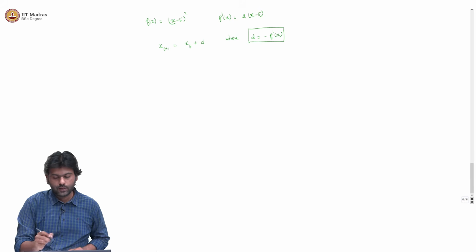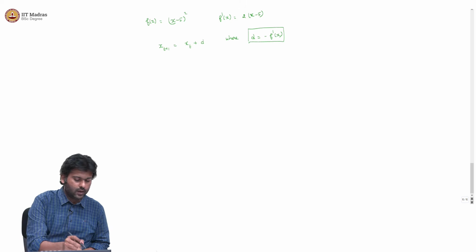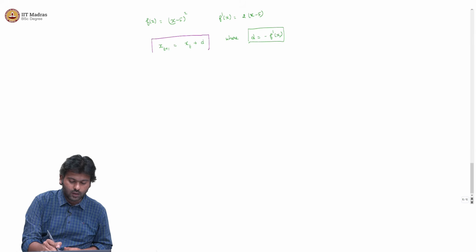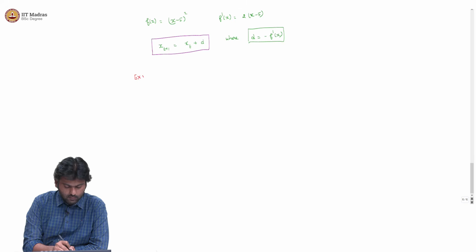This is where we are at this point. Let us see if this actually works, right. So, let us try an example and see if this is a good update rule, or are we missing something from this. Here is an example.